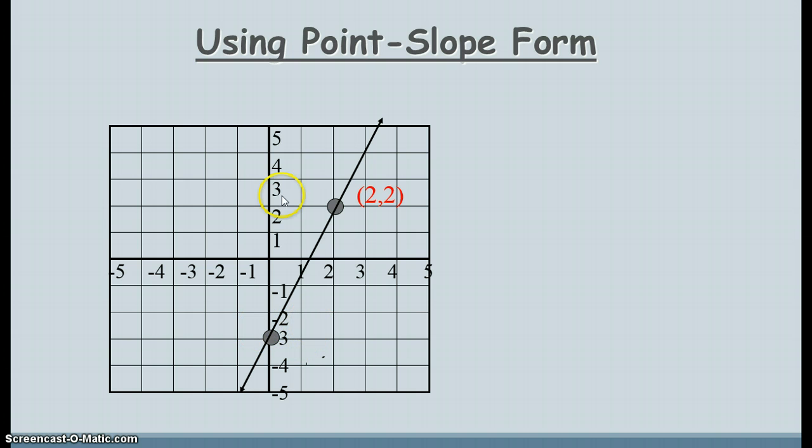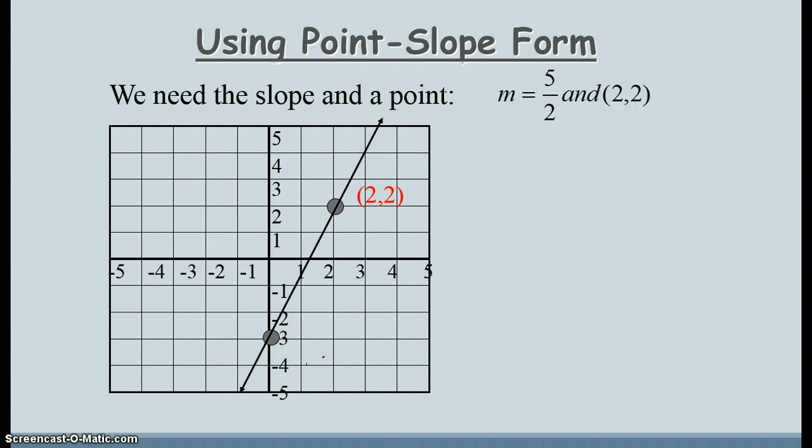All right, or backwards. Remember that you can select any of them. We need the slope and a point. So m equals 5/2 and the point 2, 2. If you calculate the slope with these points, you're going to get this slope of 5/2, and the point 2, 2 is going to pass through this very line.